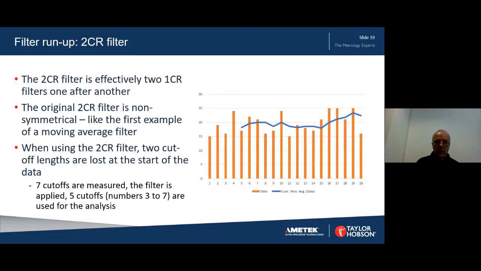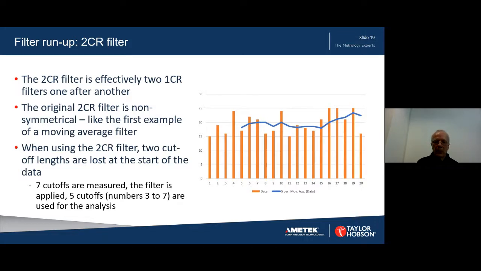As we saw earlier, the 2CR filter is effectively 2 1CR filters, one after the other. We lose 1 cutoff for each stage of the filter. So in total, we will lose 2 cutoffs in the filter run-up. The filter is non-symmetrical, just like our first moving average filter example.